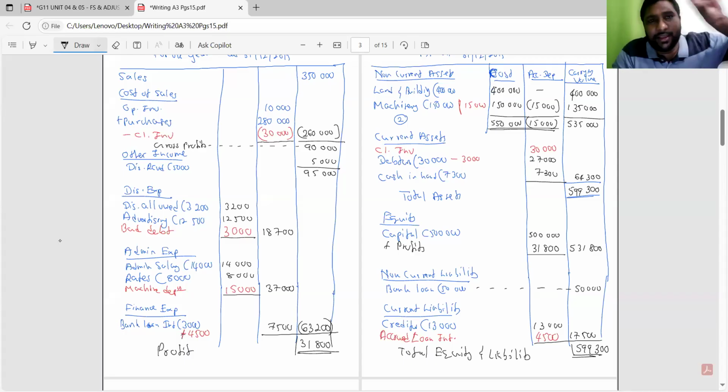Marks are allocated for these headings and mainly for the adjustments.